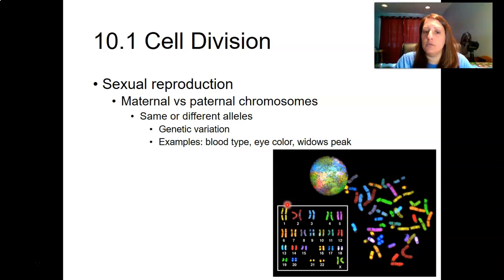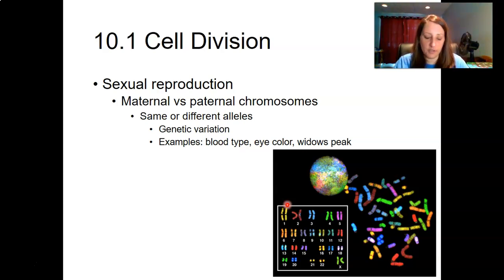The same thing is true for other human traits that we could spend hours talking about. If you take GB2 with me, we will spend hours talking about them. But think about blood type. Go ahead and ask your parents what their blood type is. Depending on what their blood types are, you may have the same blood type or it may be different.